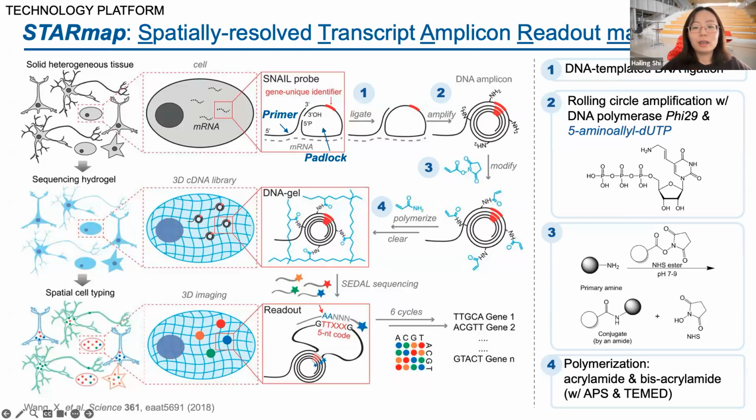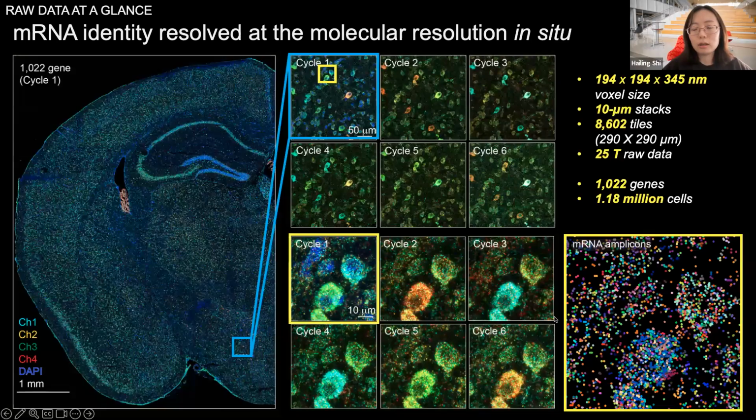By optimizing the monomer molecules or the buffering condition we have for the hydrogel, it is possible to do expansion microscopy. I do want to point out the size of the amplicons we have. Measured by electron microscopy, it is around 100 nanometers, which is around the spatial resolution we could have with a confocal microscope.